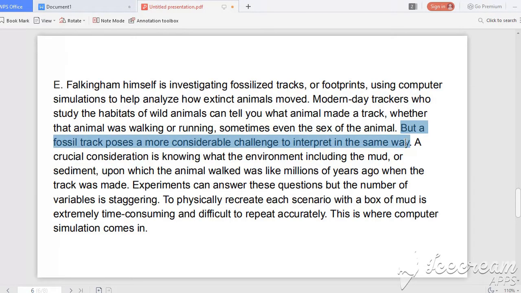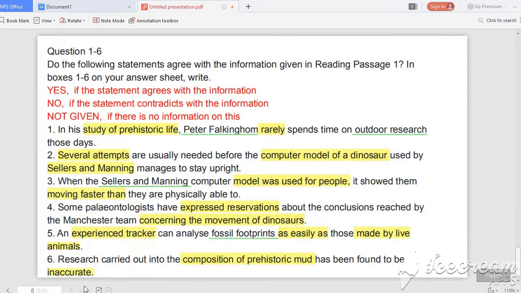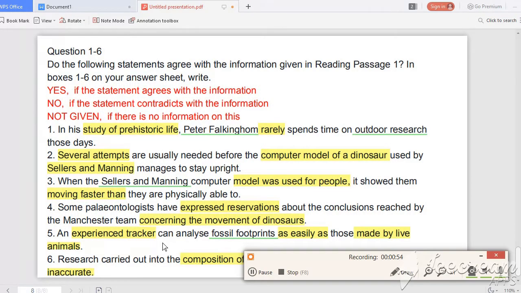But a fossil track poses a more considerable challenge. It means it's difficult to interpret fossil tracks. Whereas in our question it's mentioned that trackers can analyze fossil footprints as easily as those made by live animals.